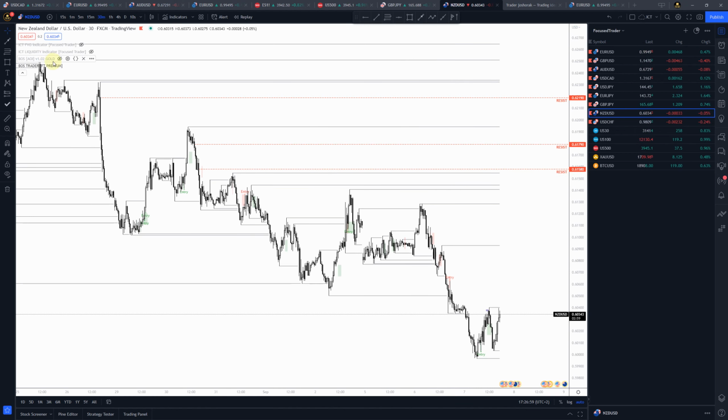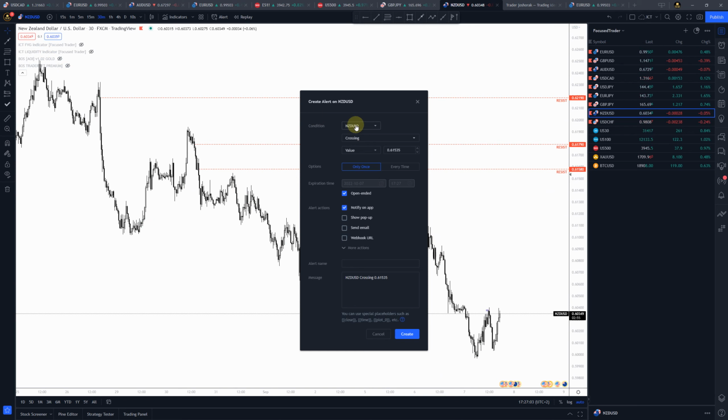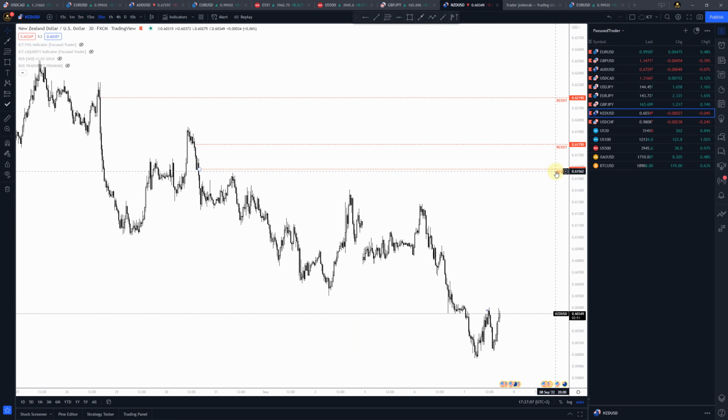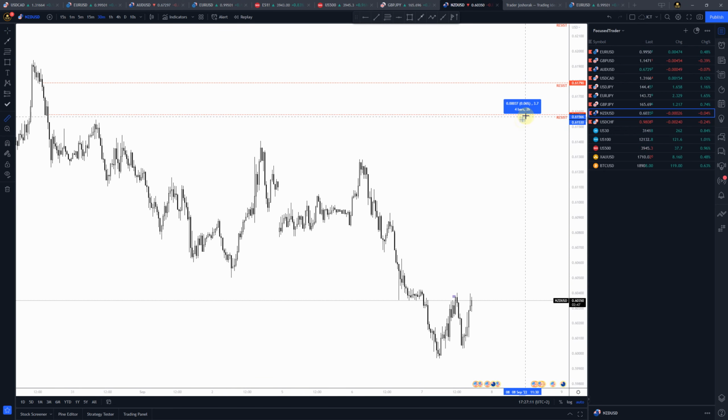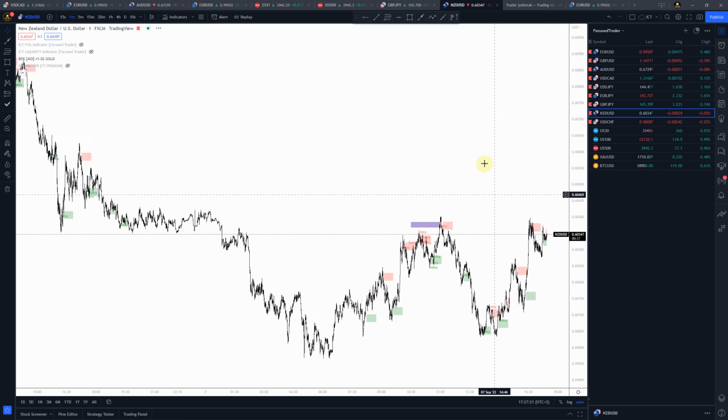I will click here at alert, and I will set my price alert. So when the price reaches or is getting closer to the precision level, I receive an alert, and I go to my computer, sit in front of it, turn on break of structure and wait for my entry to occur.